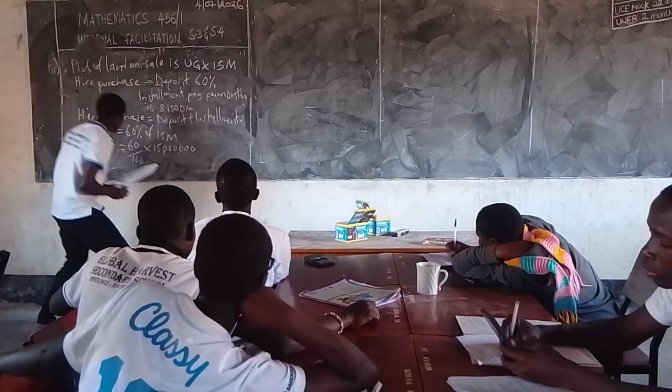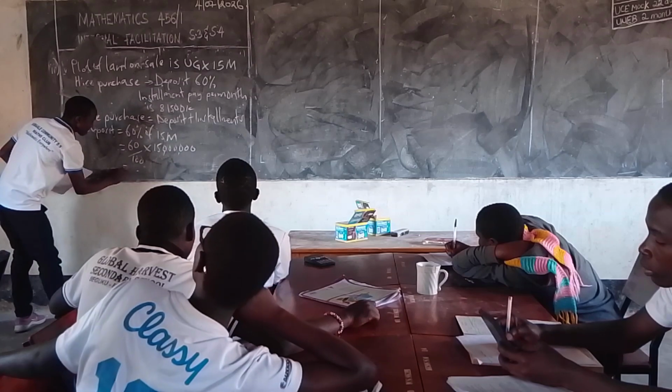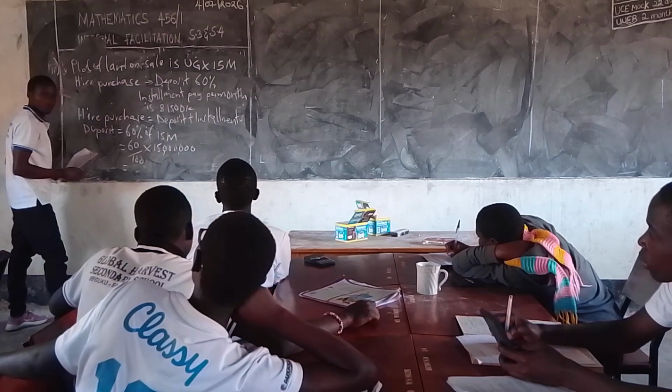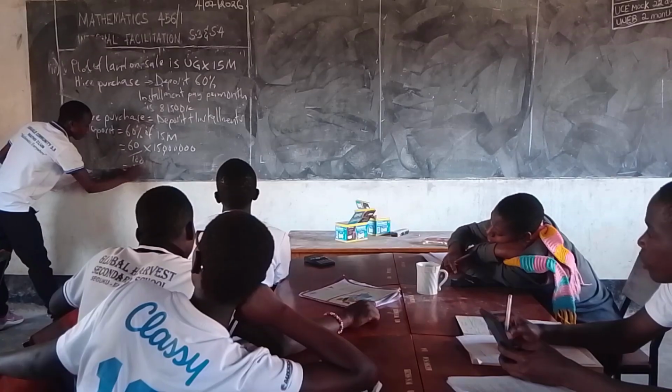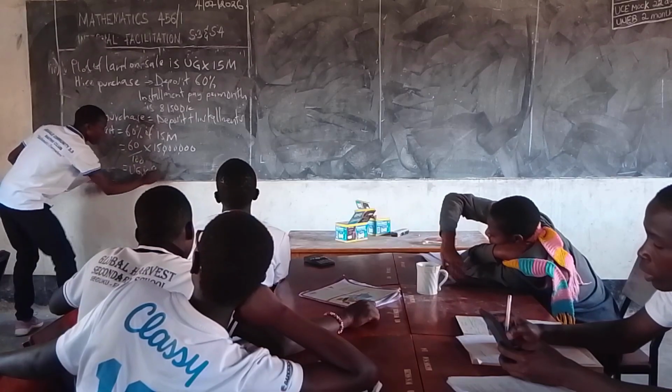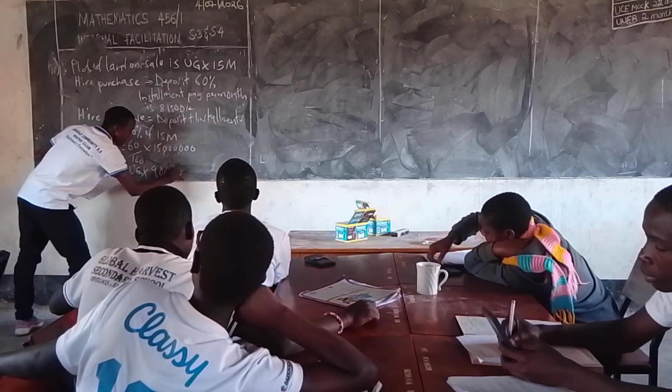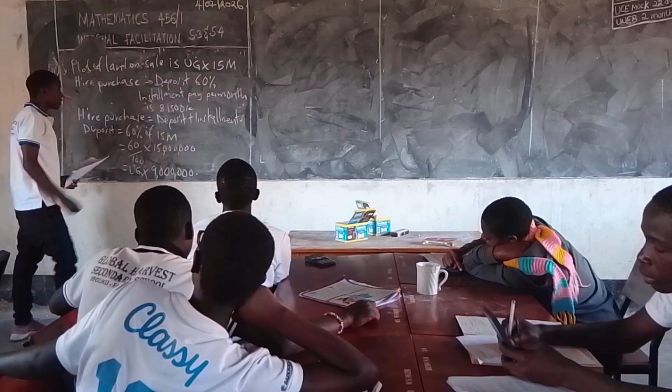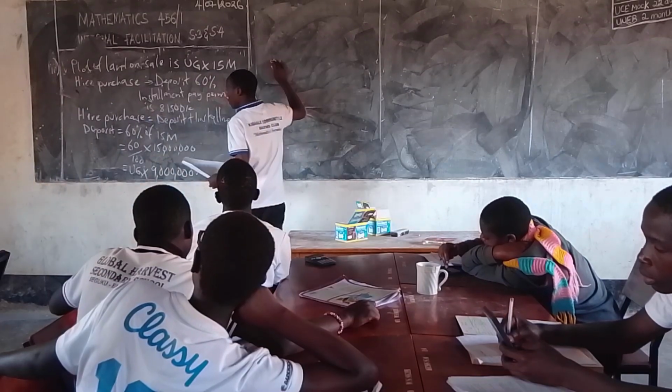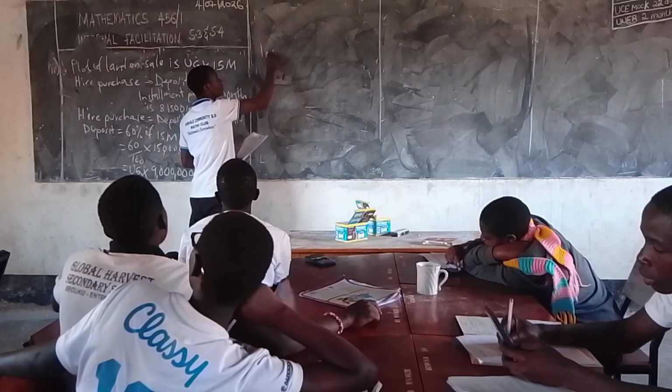Press. 9 million. Okay, 9 million. So that's our deposit. Then the installments.